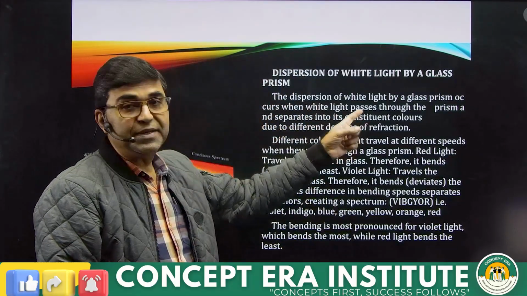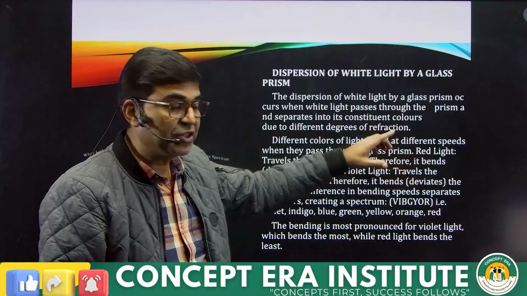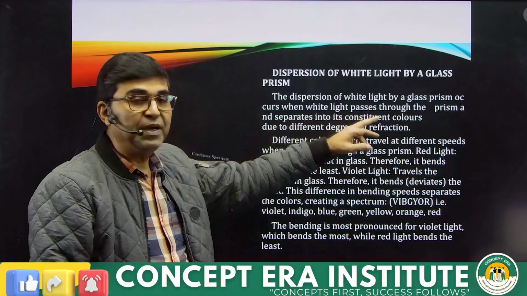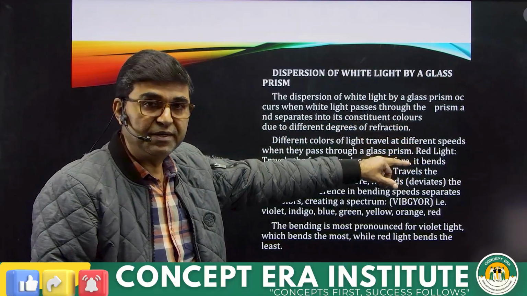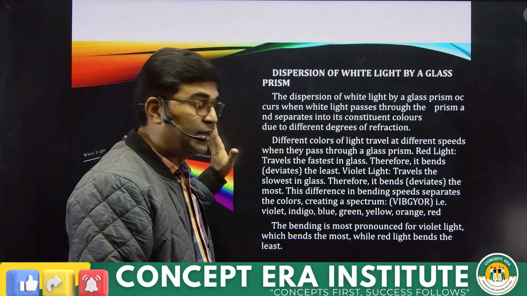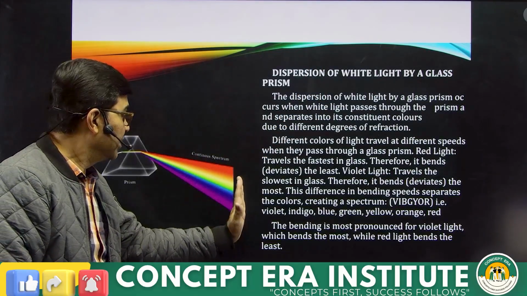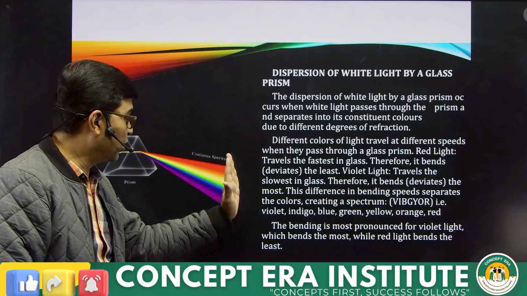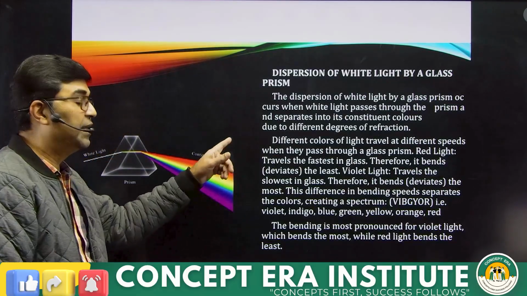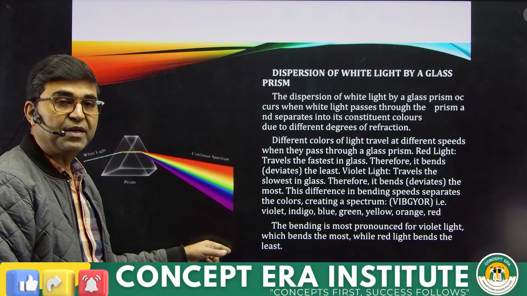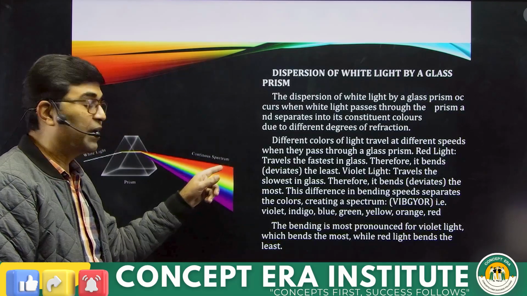The white light, when it passes through a triangular prism, splits into its constituent colors, and if the split colors are allowed to fall on a white screen, then they form a band of colors which is called a rainbow.